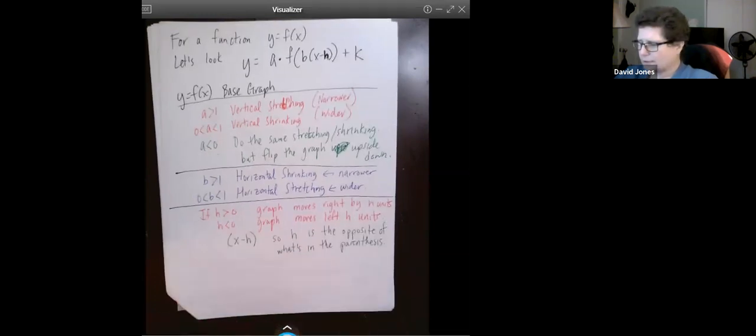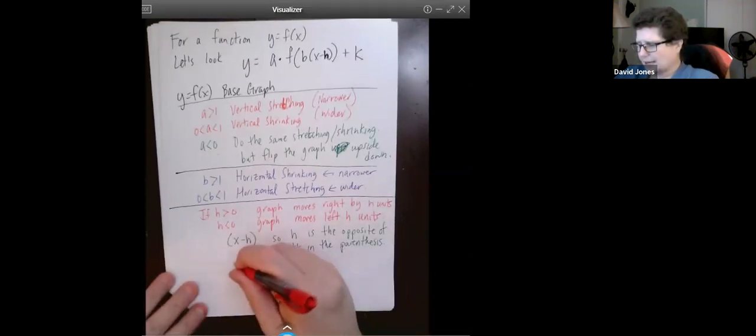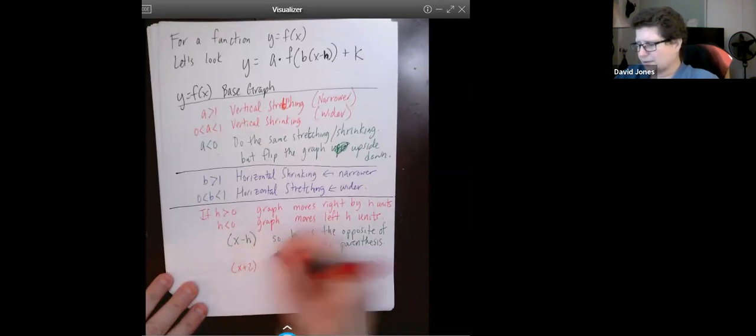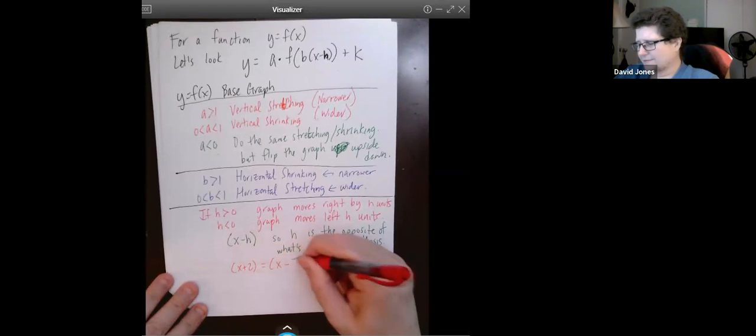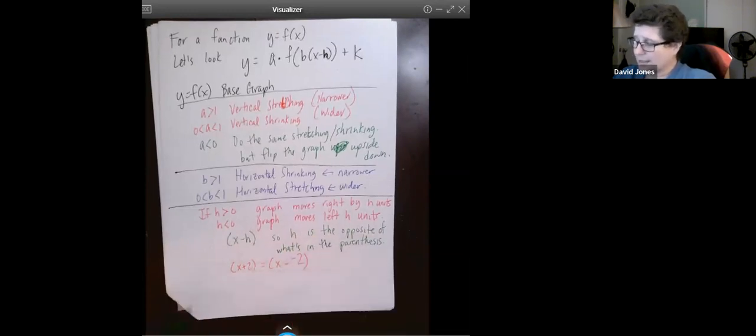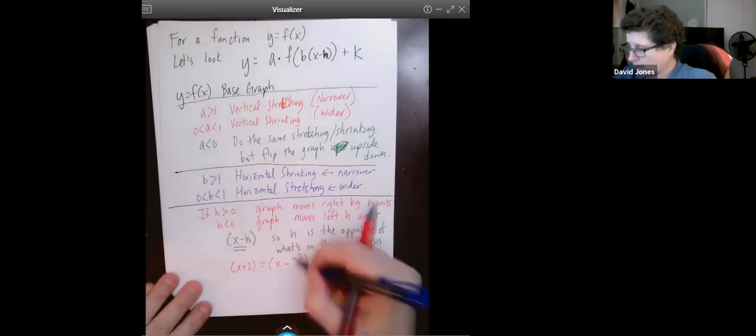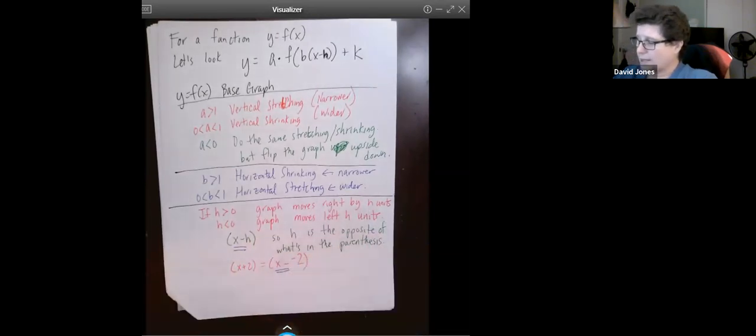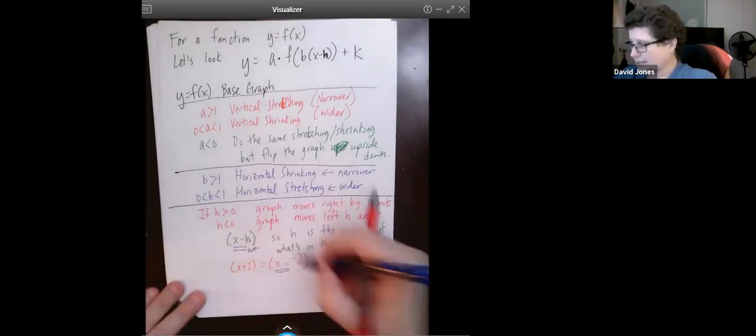For example, if we had x plus 2, this is the same as x minus negative 2. To make this match up, we've got x minus and x minus, which means h has got to be negative 2.